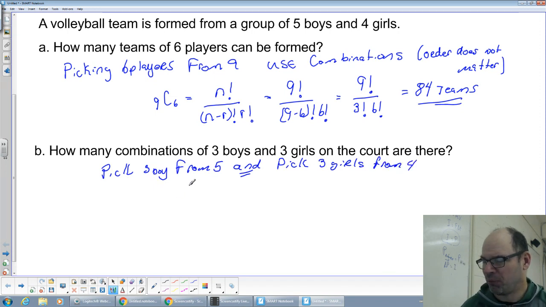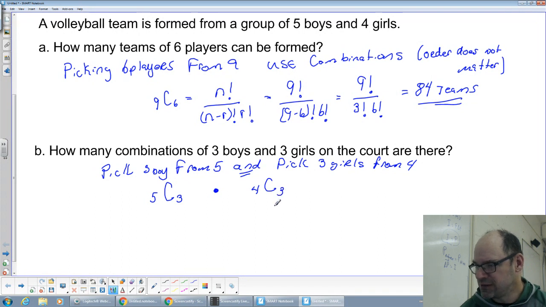Picking 3 boys from 5 is 5C3, pardon me, and "and" means multiply. We're also going to pick 3 girls from a total of 4. So it's going to be the product of these two numbers. This is the number of ways you can pick the boys. This is the number of ways you can pick the girls.